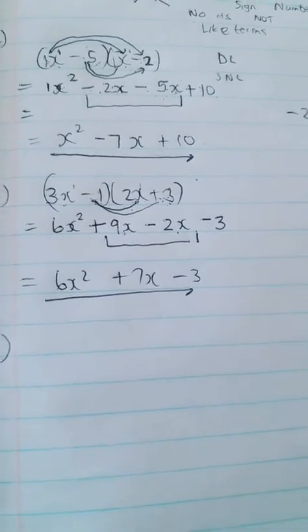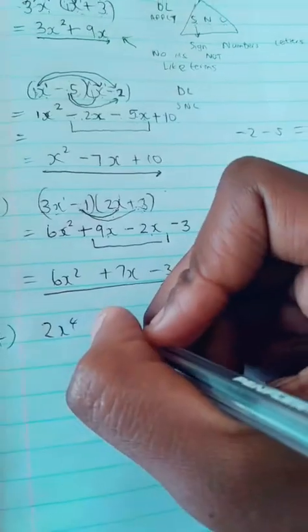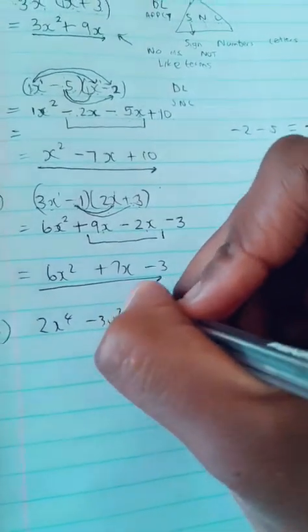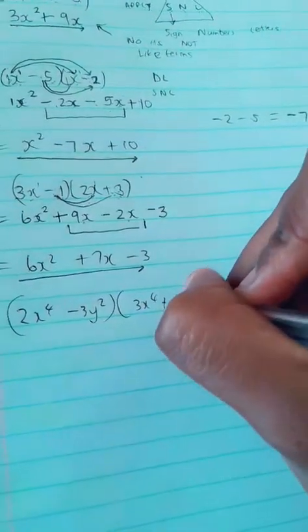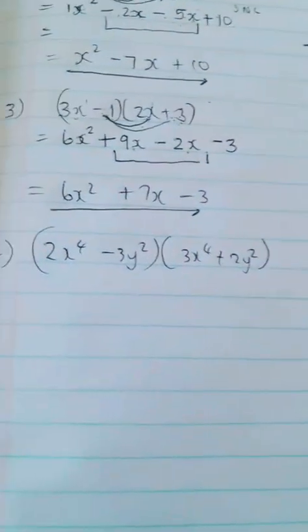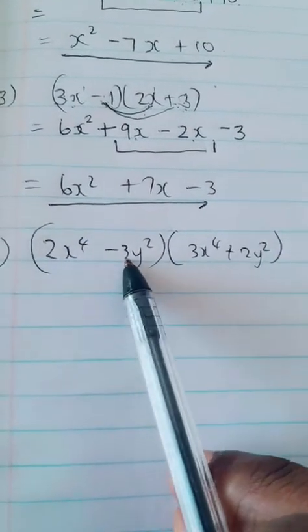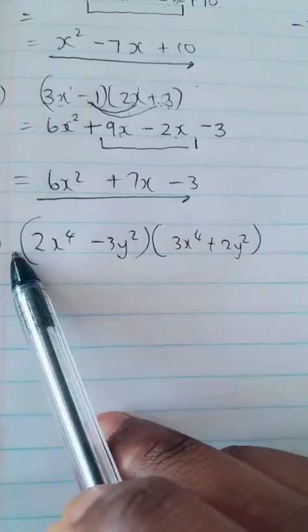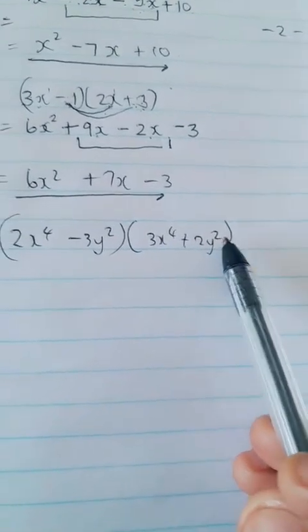Then number 4. The next question that I gave you was this one: 2x to the power 4 minus 3y squared in the first bracket, times 3x to the power 4 plus 2y squared in the other bracket.